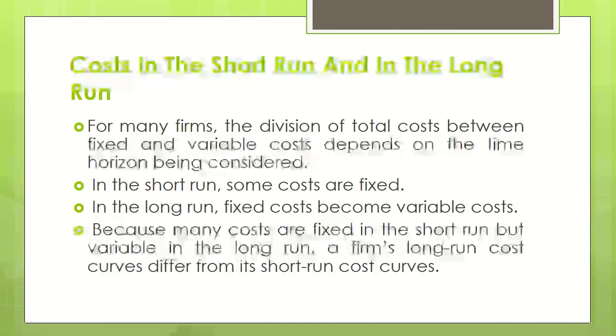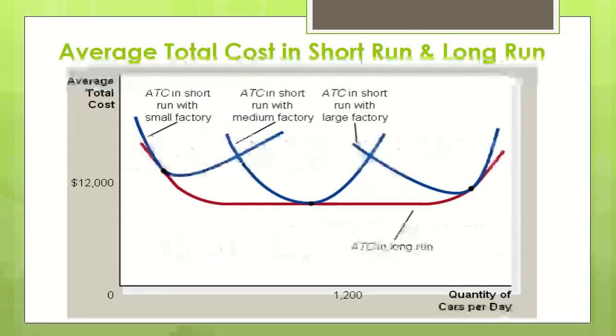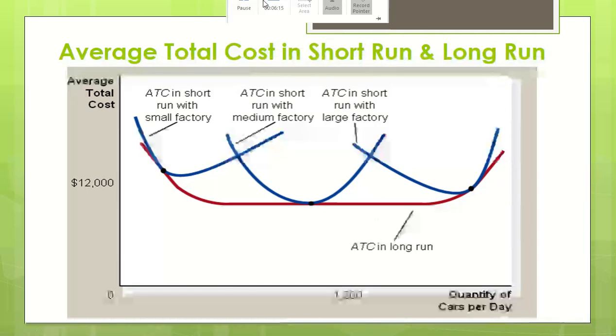So looking at the diagram here, the quantity of output is measured on the x-axis, and we measure the average total cost on the y-axis. This figure represents three short-run average total cost curves.